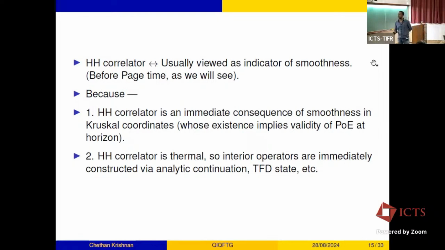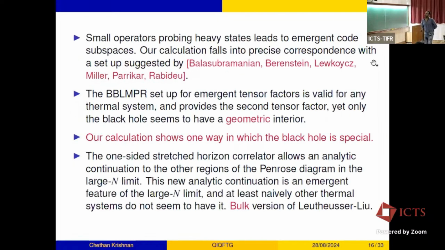So these are two reasons. As Suvrat was mentioning, there are multiple reasons to think that the Hartle-Hawking correlator is an indicator of smoothness in a certain sense at least. Another comment, again there is a lot to be said here, but I'm summarizing various things. This is a paper of Onkar and friends, where they note, building on previous work, that if you have a thermal state and you probe it with small operators, then you essentially find a second tensor factor automatically arising.